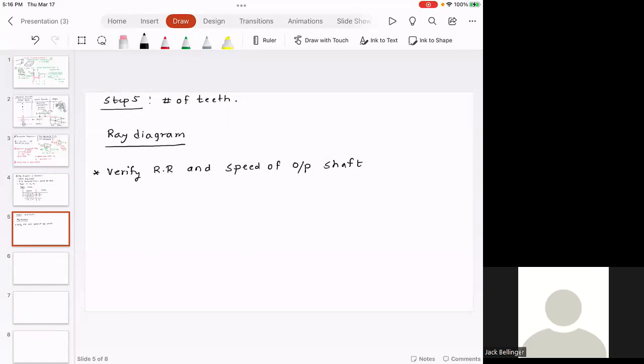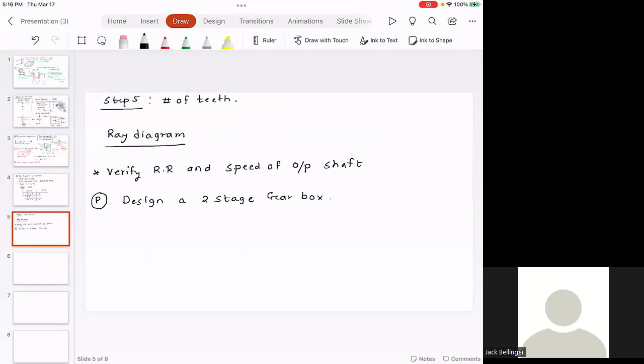I'm going to take an example. Design a two-stage gearbox.